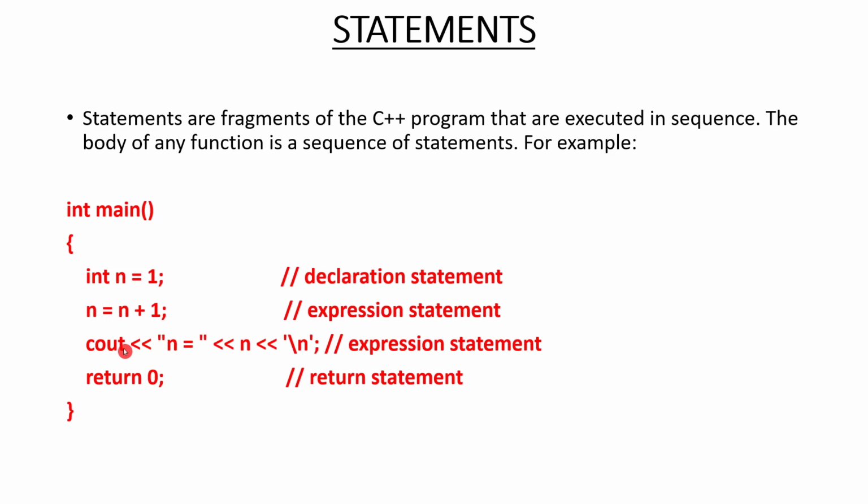Cout to give the output: cout, in inverted commas, n equal to, then give the value of n, then endl. This is an expression statement. Return 0 is a return statement. So a function is a combination of various statements, and a single meaningful line can be taken as a statement.